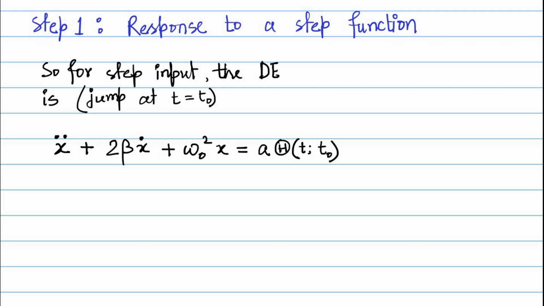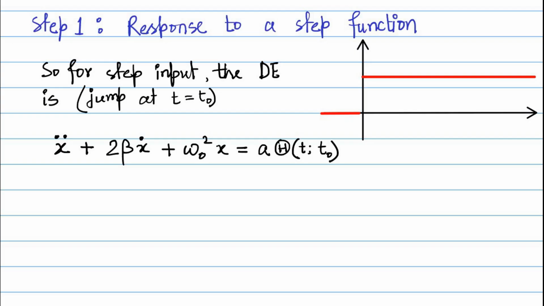So let us try to draw a picture. This would be the axis where we plot the function, and this is going to be the axis which represents t, the time, and before t0 the function remains 0, and after t0 the function stays at the value a.